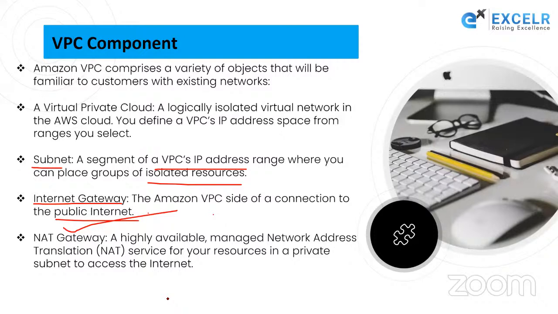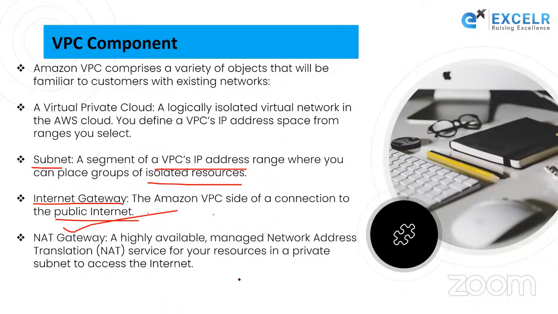This NAT gateway is a highly available, highly resilient device which provides access to the internet only for your private subnet resources. In doing so, it creates one-way traffic. That means your machines in the private subnet will be able to go to the internet, but nobody from outside will be able to connect to that particular private machine.